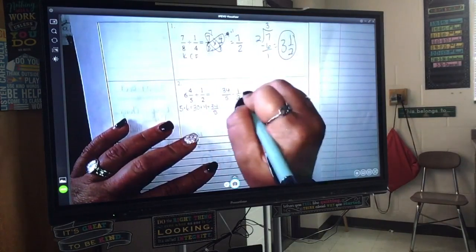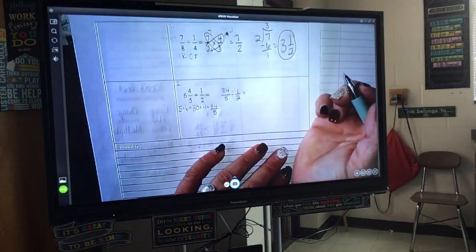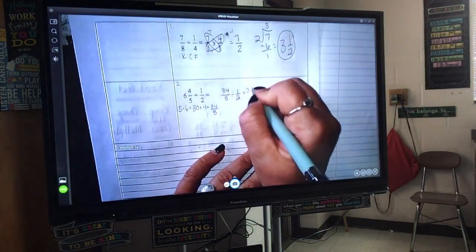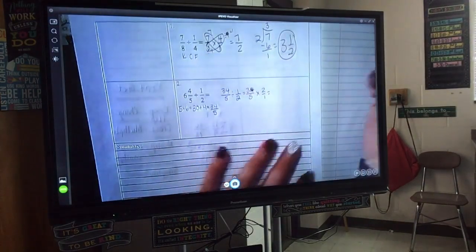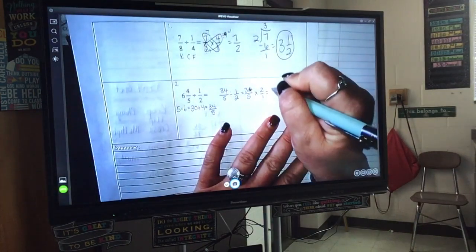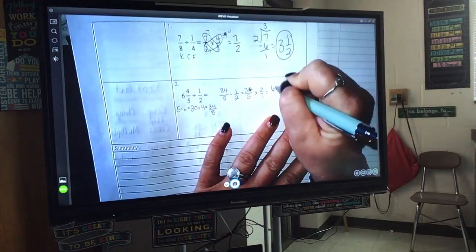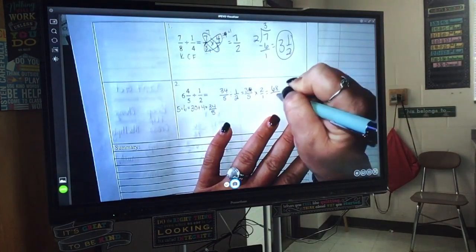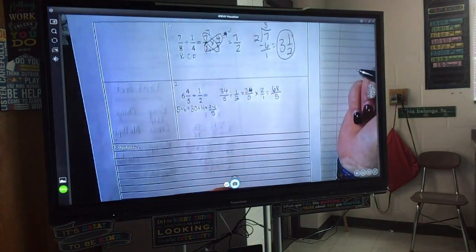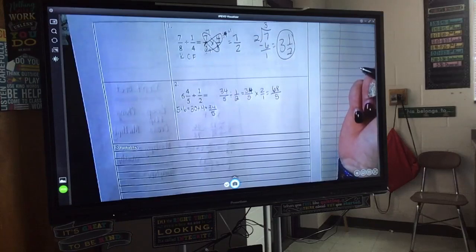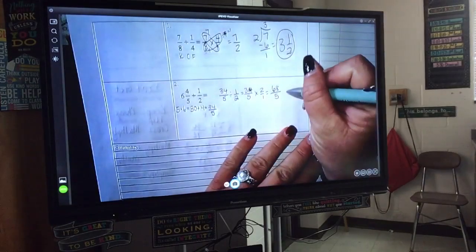And that is the same as 34 over 5 times 2 over 1. And then 34 times 2 equals 68. And then 5 times 1 equals 5. And 5 can go into 68 13 times with 3 left over.